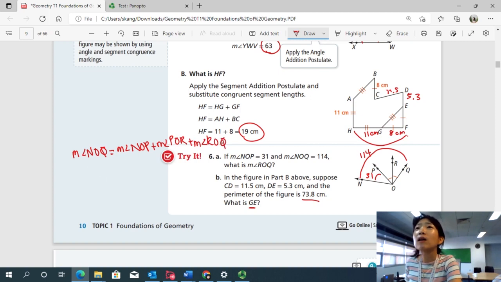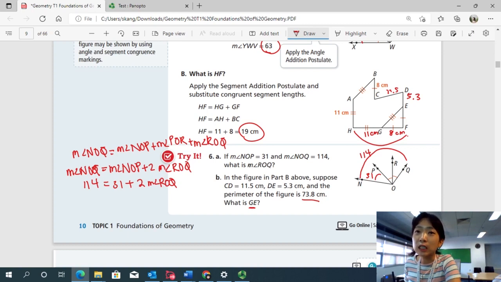But then POR and ROQ are the same angle. So you can say measure of angle NOP plus 2 times, let's say, angle ROQ. And so NOQ is known, 114, and NOP is also known, and you don't know measure of angle ROQ, right?